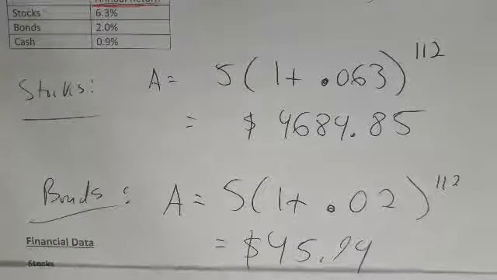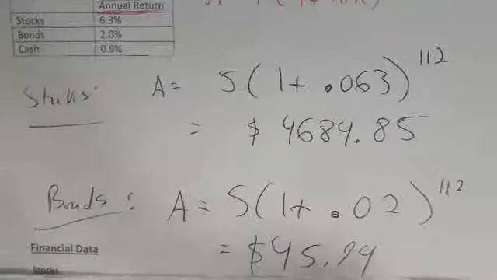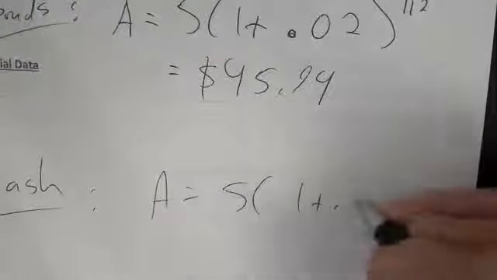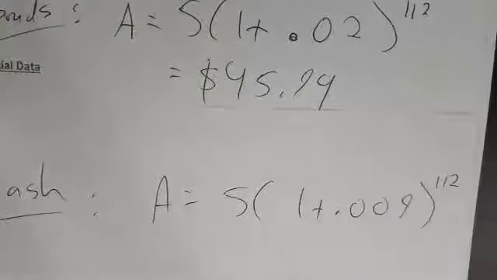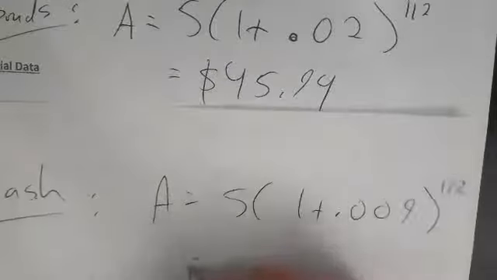And then the last thing we're doing is the cash. If I want to know the accumulated money on my cash, it's 0.9%. So this is 5 times 1 plus 0.009 to the 112. And if I'm doing that and rounding it up, it gives me $1,364.